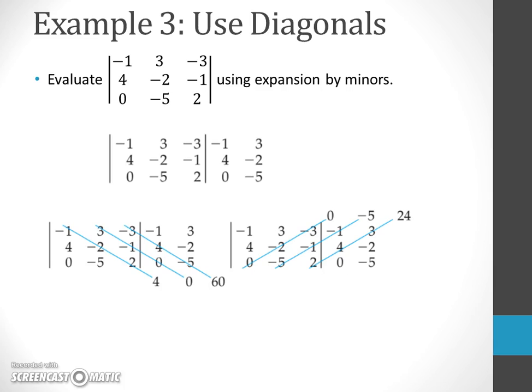And 2 times 4 times 3, which gives us 24. We're going to add the bottom products and subtract the top products. So we're going to do 4 plus 0 plus 60, minus 0, minus a -5, minus 24, which gives us 45. So the value of the determinant is 45.